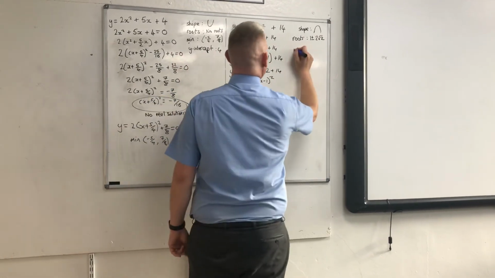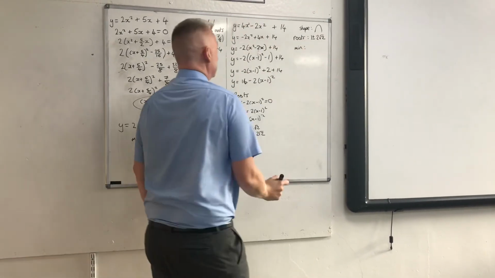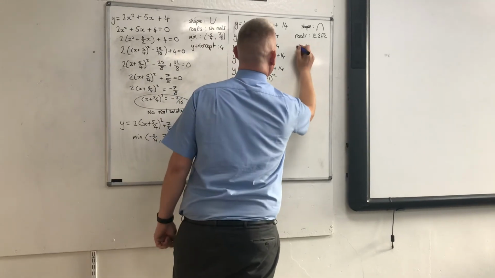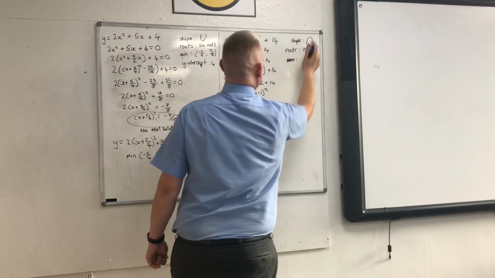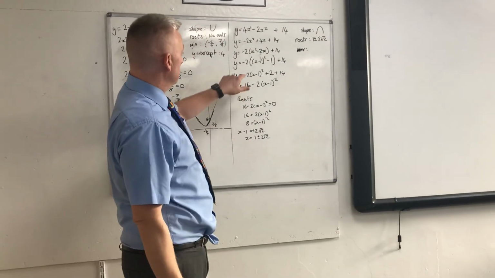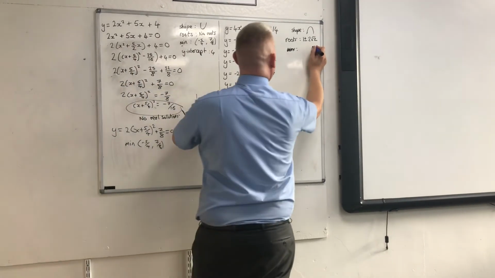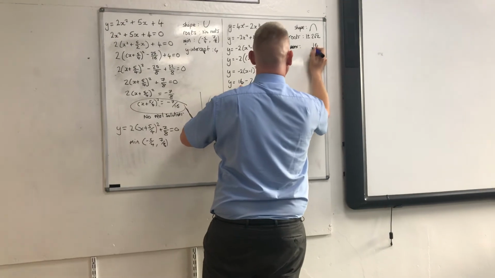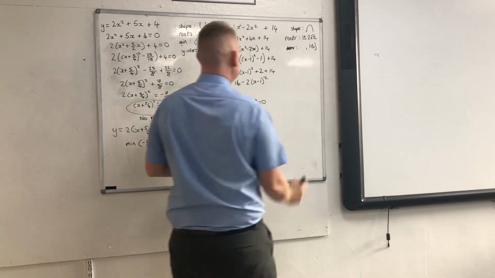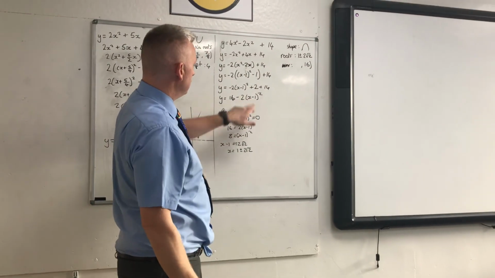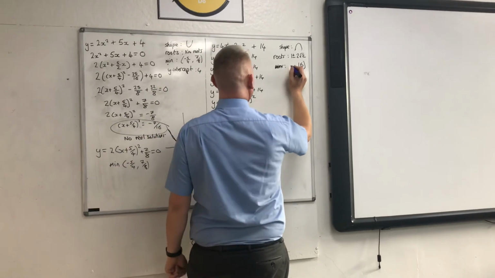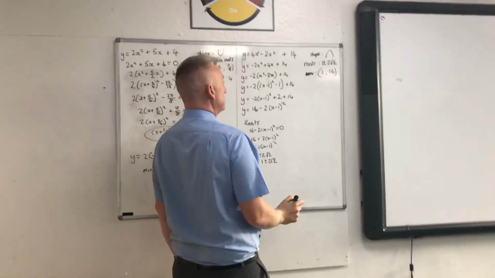So I need my minimum. Well, in this case, it's not a minimum, is it? It's a maximum because it's the unhappy shape. So what's my maximum? I look at this. Well, my maximum y is 16, and that occurs when x equals 1. So I've got 1, 16.